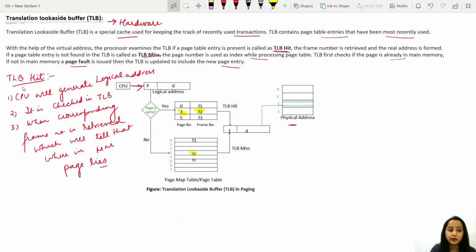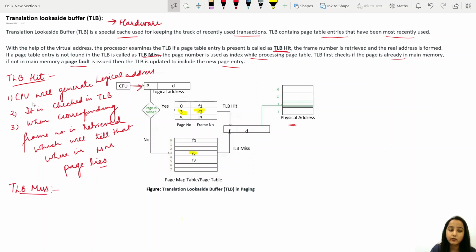Then the TLB hit will occur. Then it will find out the particular frame, go to that frame and fetch that page from the physical memory.